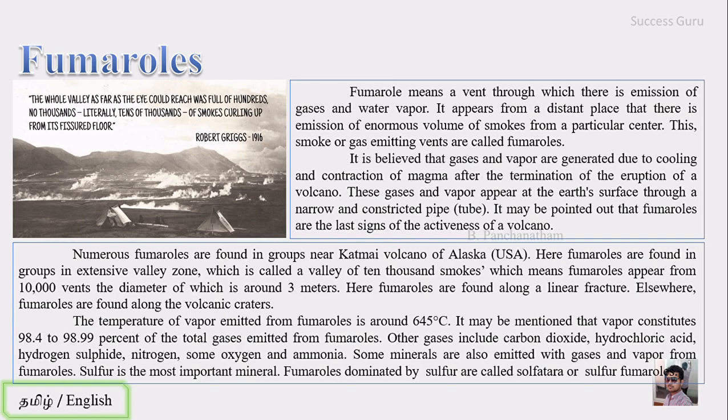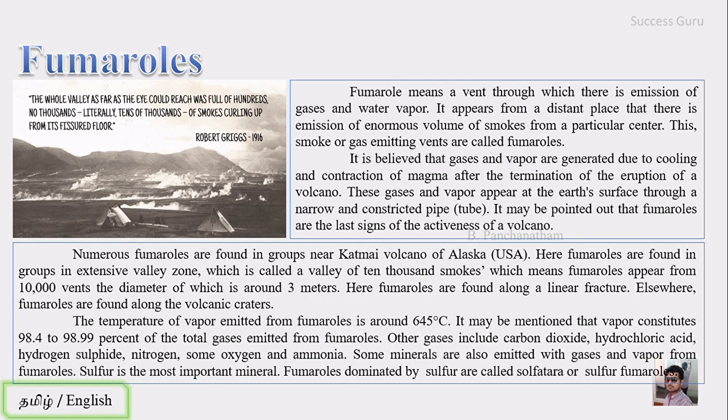And other gases include carbon dioxide, hydrochloric acid, hydrogen sulfide, nitrogen, some oxygen and ammonia. And some minerals are also emitted with the gas and vapor from the fumarole. So sometimes there will be emission of minerals also. Okay. Sulfur is the most important mineral, and a fumarole dominated by sulfur is called a solfatara or sulfur fumarole.